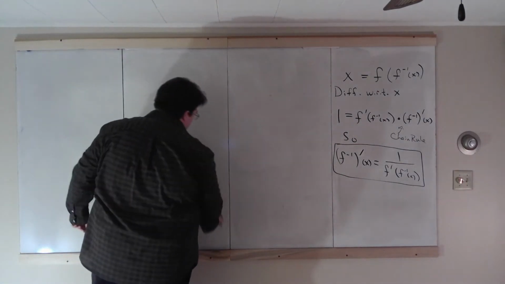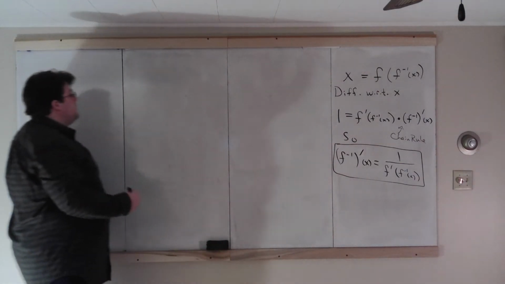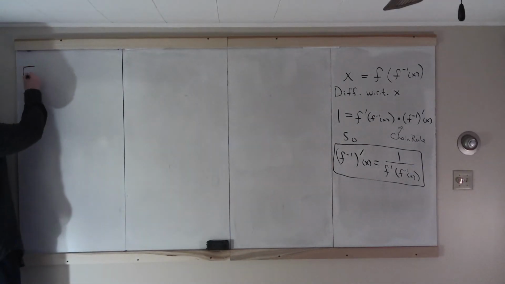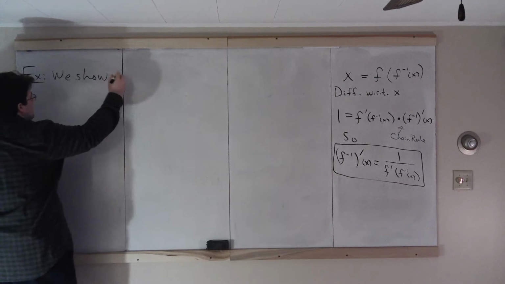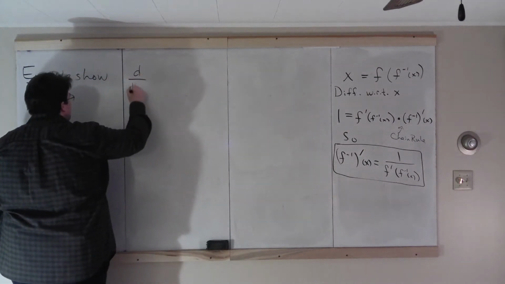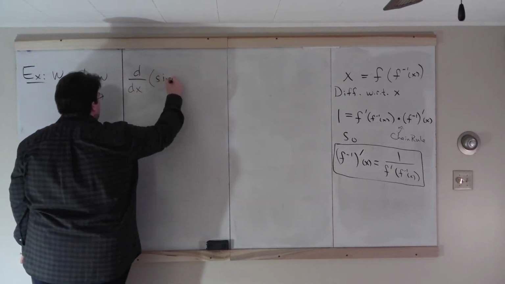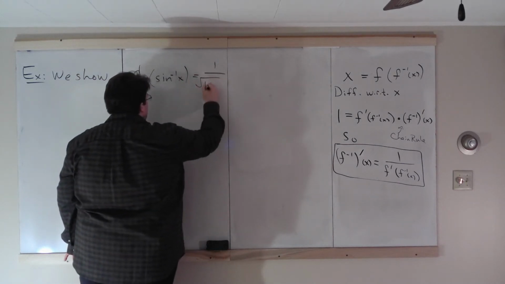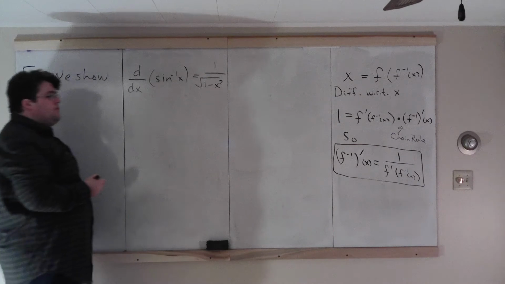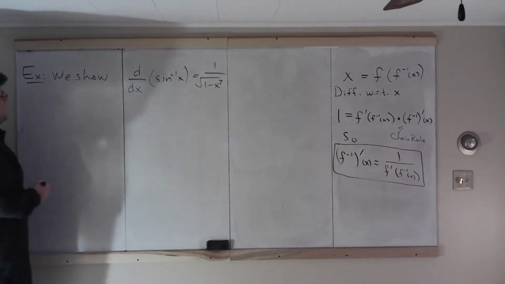We didn't prove any of them. Let's prove it for sine inverse of x. So example, we show that the derivative of sine inverse of x is 1 over root 1 minus x squared. So we're going to prove that result using that formula there.